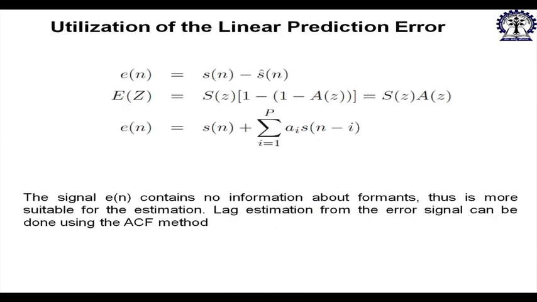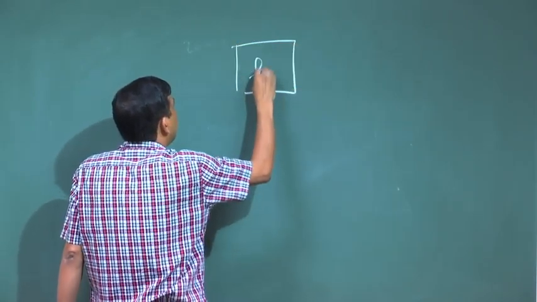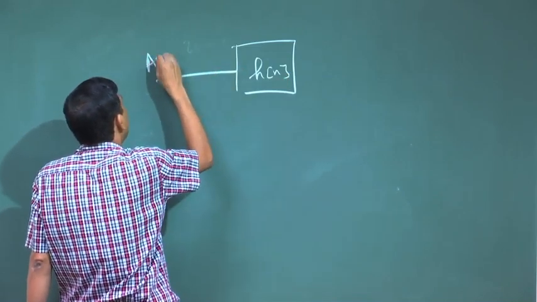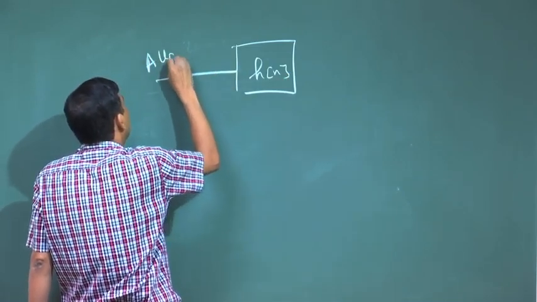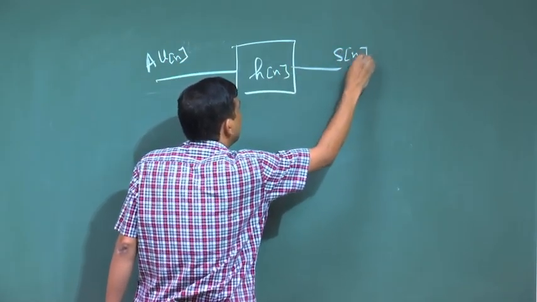Another procedure, instead of taking the signal: if you remember in LPC analysis, this is my vocal tract transfer function H(n), and if I apply the excitation u(n), then I get the speech signal s(n).